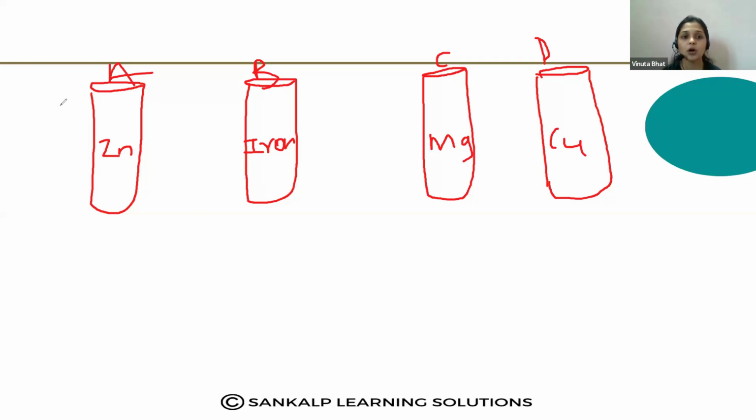So in all these test tubes, zinc, iron, magnesium and copper are already added. Here again FeSO4, that is ferrous sulfate solution, is added to all these test tubes. So for every test tube, you should add the ferrous sulfate. Here I will write FeSO4.